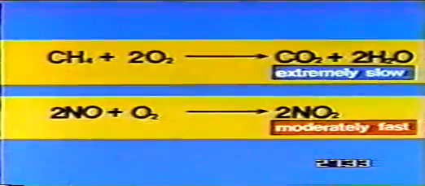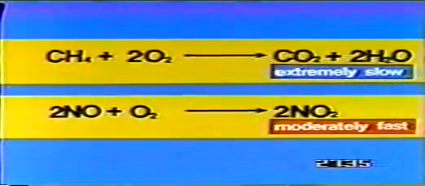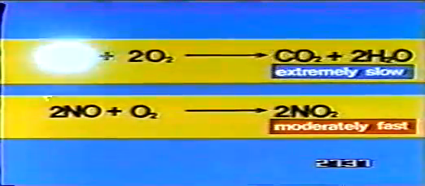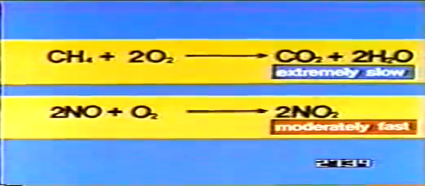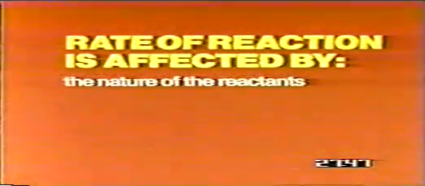The difference in reaction rates lies in the difference in the nature of the reactants, methane and nitric oxide, which leads us to our first point. The rate of reaction is affected by the nature of the reactants. In the moderately fast reaction between nitric oxide and oxygen, only a few relatively weak bonds have to break.